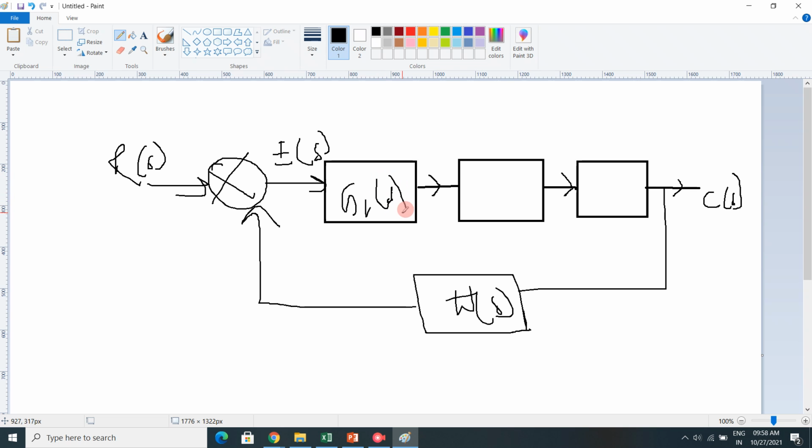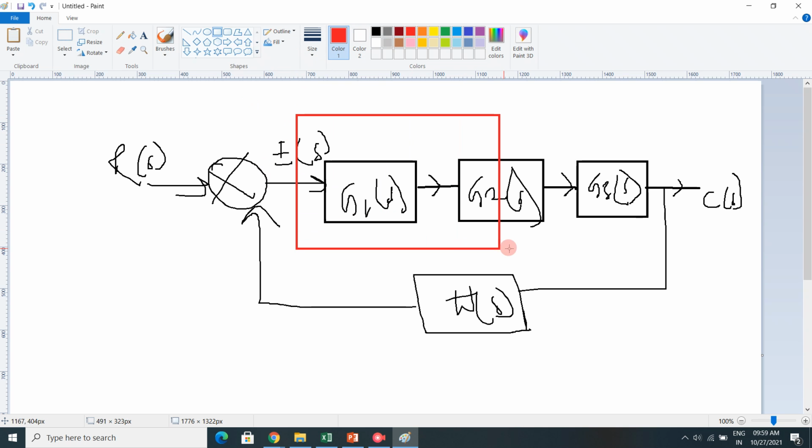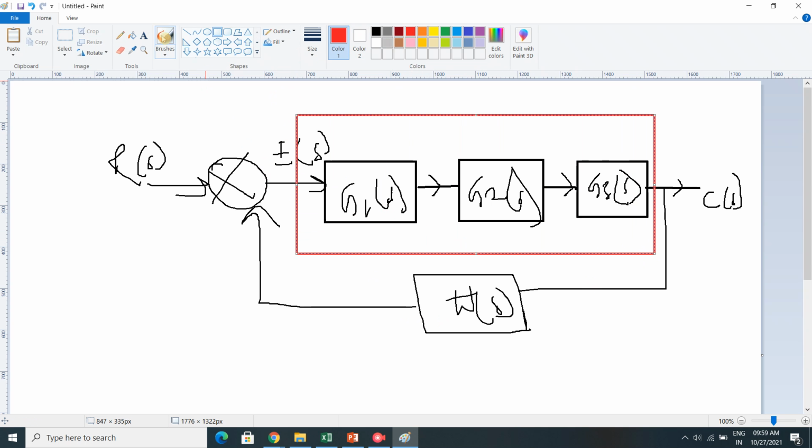Suppose this is G1(s). So there are 3 blocks, controller and regulator, suppose, and there is a plant G3(s). So the forward path transfer function will not be only G1, it will be the entire forward path. This will be G(s).